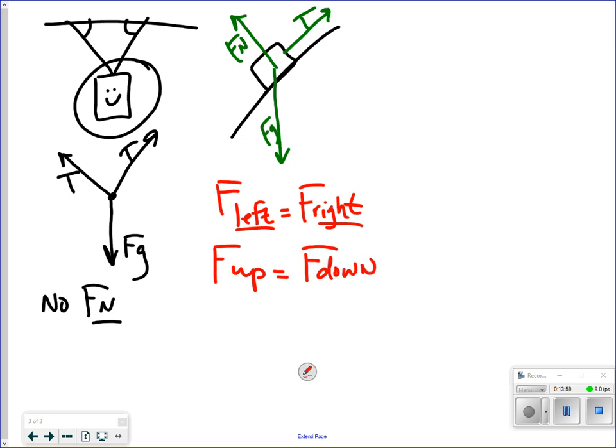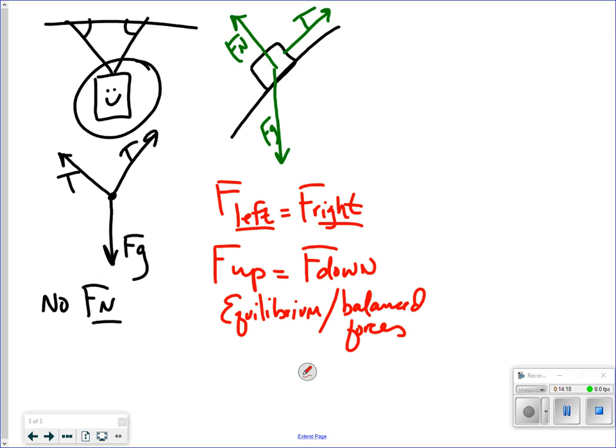That's when we are in what's known as equilibrium, or I like to also call it balanced forces. So up equals down, left equals right. These are the main premises that I go with.